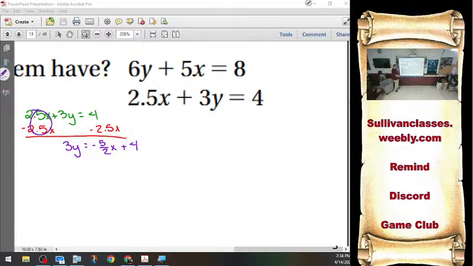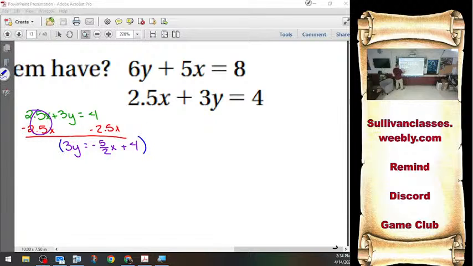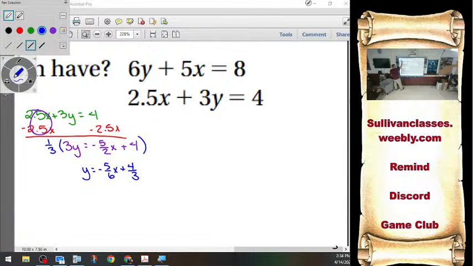Dividing by 3 is the same as multiplying by a third. So if I take this whole honkin' thing times a third, a third of 3y is just y. A third of negative 5 halves x is negative 5 sixths x. A third of 4 is 4 thirds. Be not afraid of the fraction. I just said y is stuff. So where am I putting it?